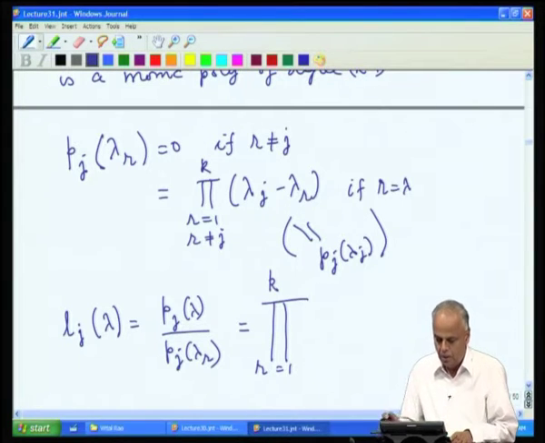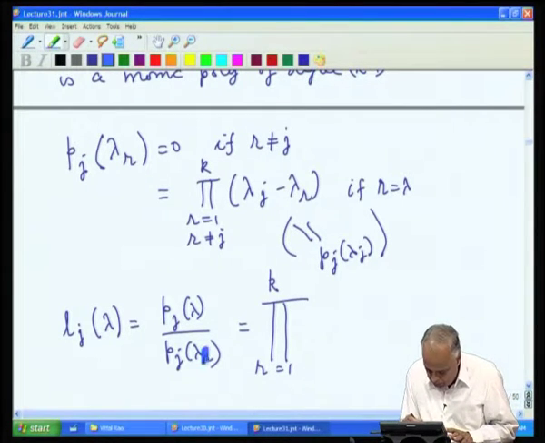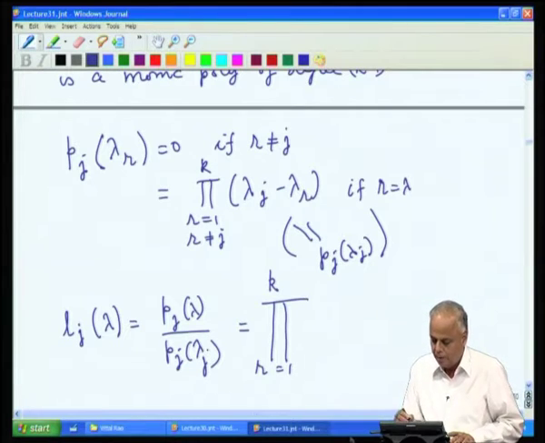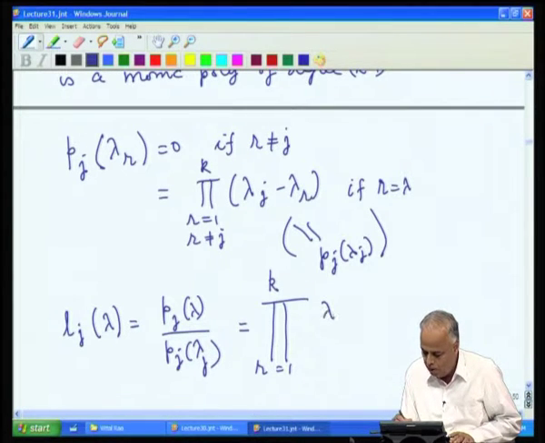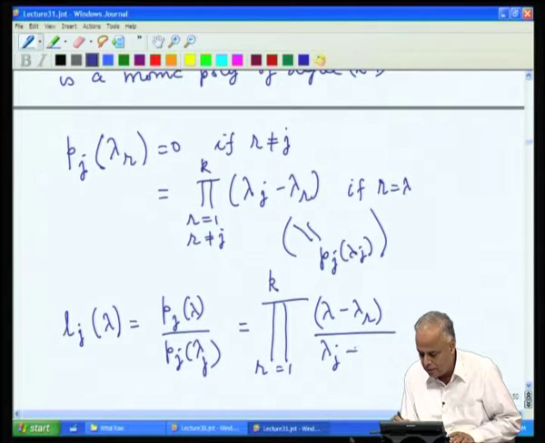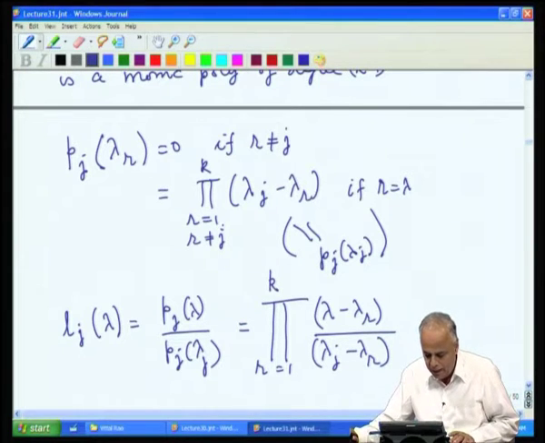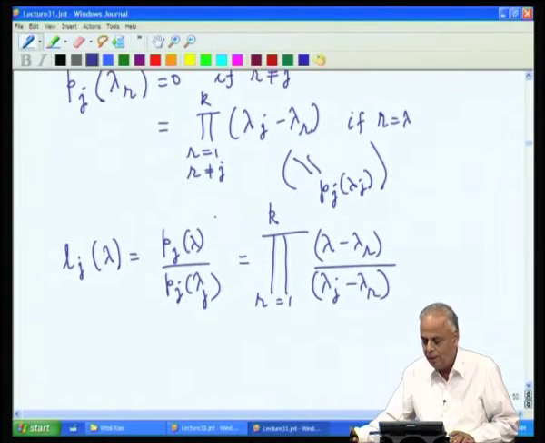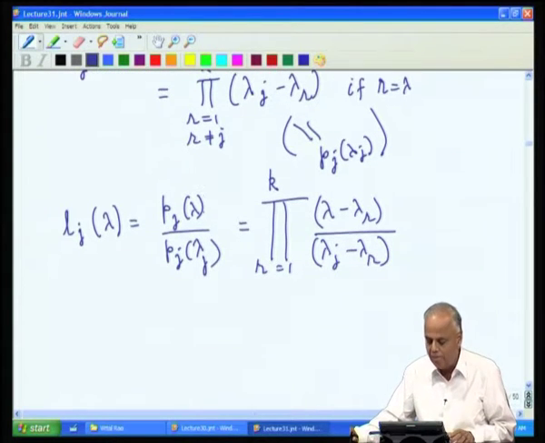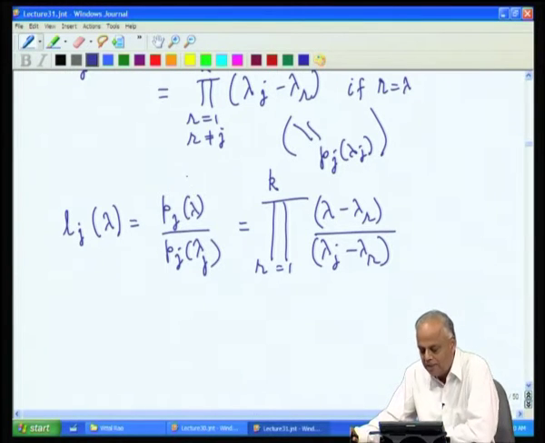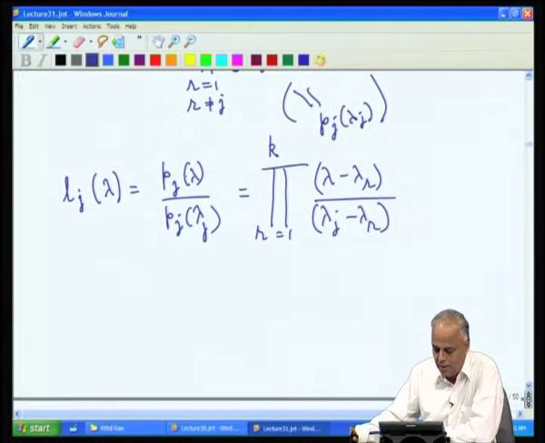Let us look at this. We will make this lambda j. Then this becomes all the factors lambda minus lambda r and all the factors lambda j minus lambda r from these two definitions, except the lambda minus lambda j factor does not appear in the numerator and the lambda j minus lambda j factor does not appear in the denominator.